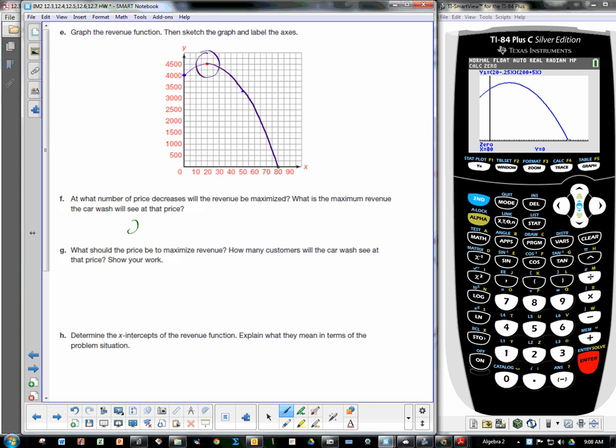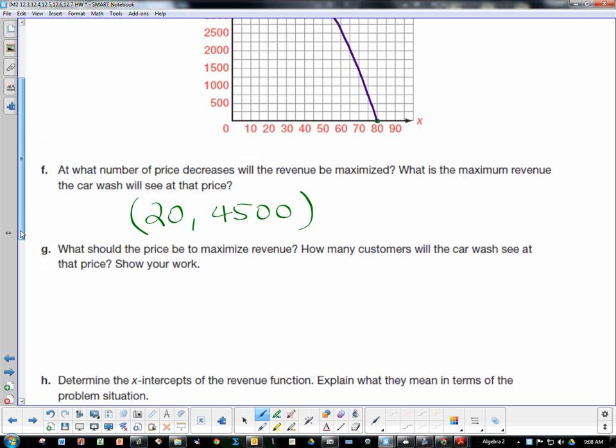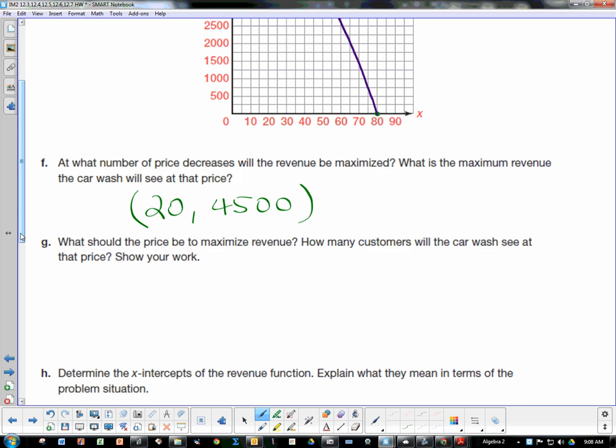What does the 20 represent? 20 price decreases. And the 4,500 would be the maximum revenue in dollars.